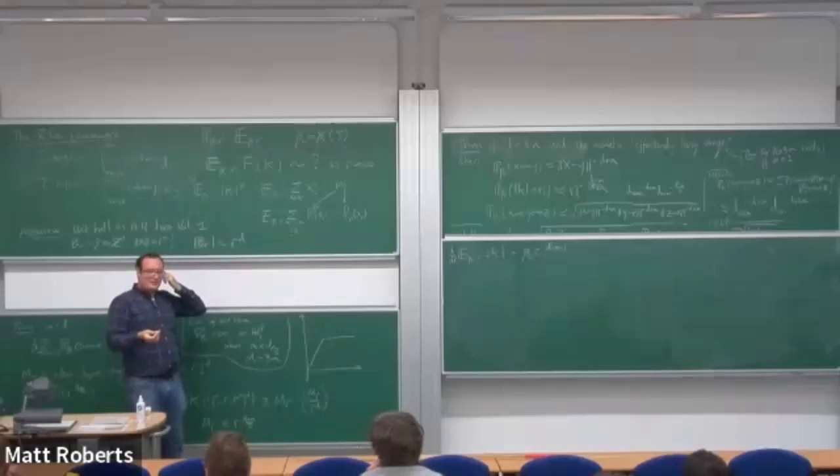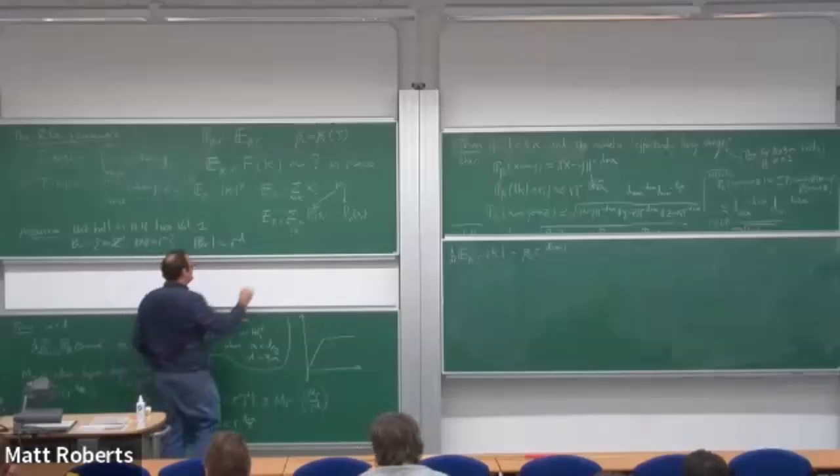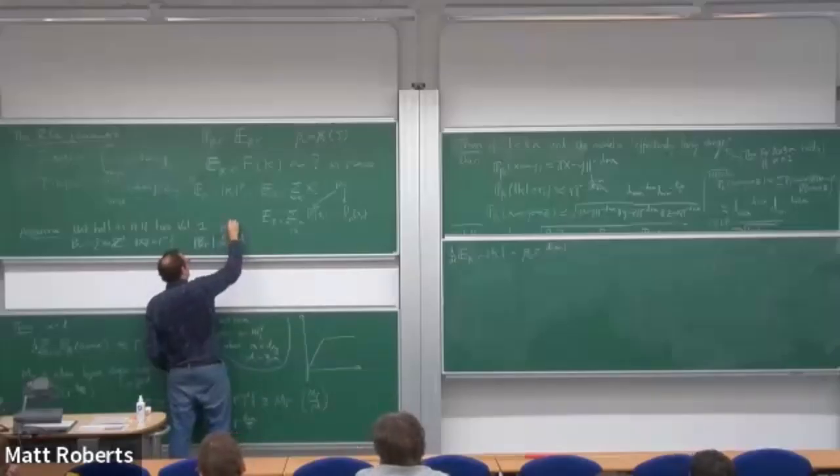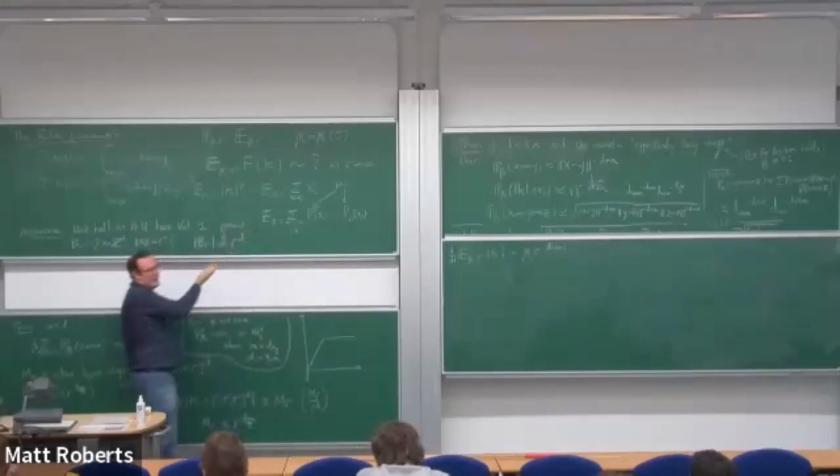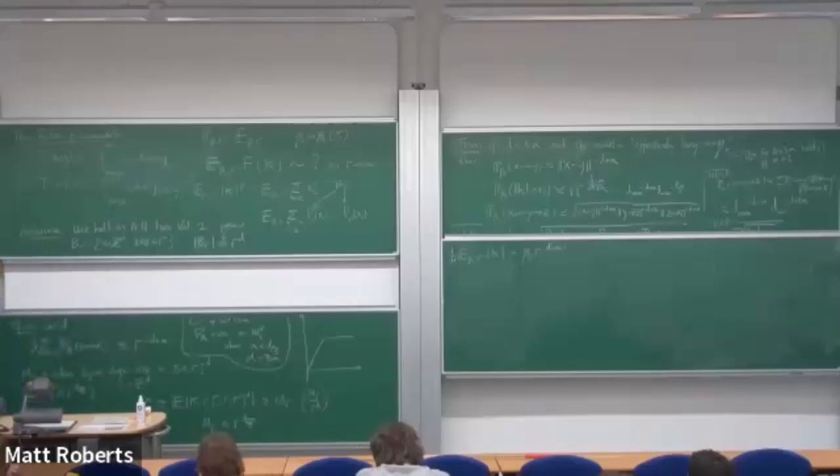I'm going to cheat to make things a bit easier for myself. I'm going to pretend that it's just equal. And again, the error here is very small, so it's not going to be a problem.